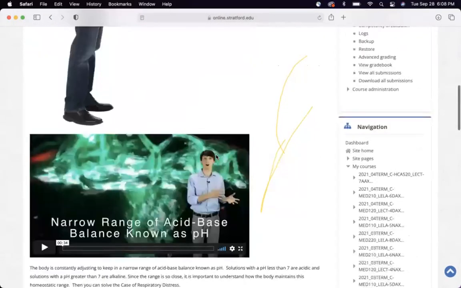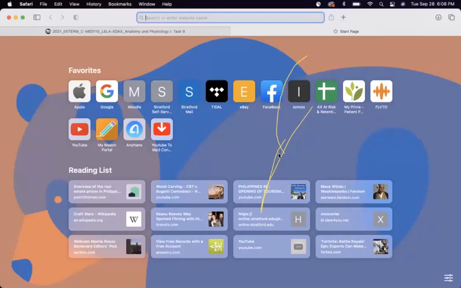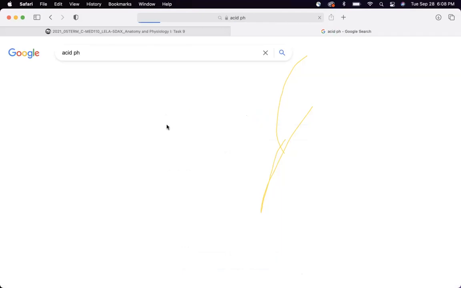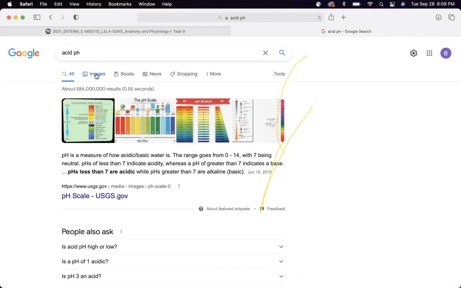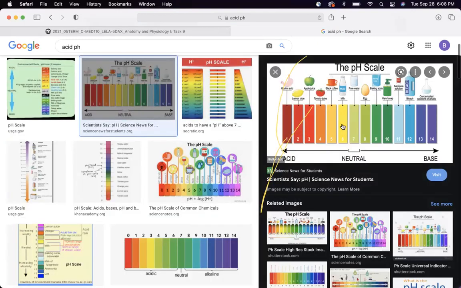Let us go to chapter. Well, before we even begin, let's just talk about acid-base. So if you look at a pH chart, let's find ourselves a nice pH chart right here.